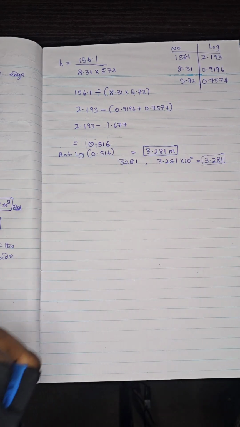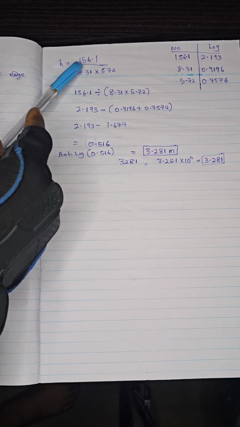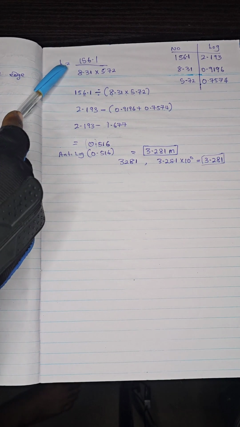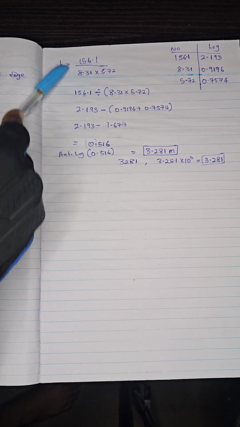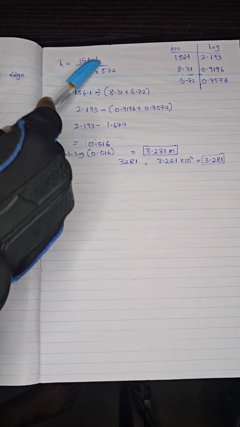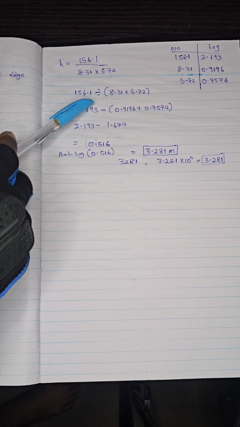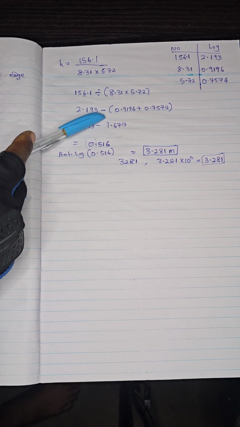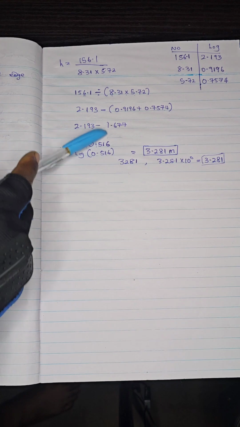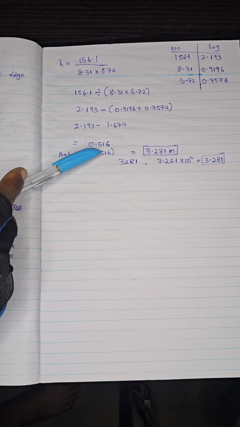So I hope you understand what we did. We calculated the height of the room. This is the volume, this is the length, this is the width. This is the formula to get the height. So for us to solve it, we use logarithm, convert to log, and apply the law of logarithm, where division turns to minus, while multiplication turns to plus. After solving, we get this. We now look for the anti-log of this and get that.